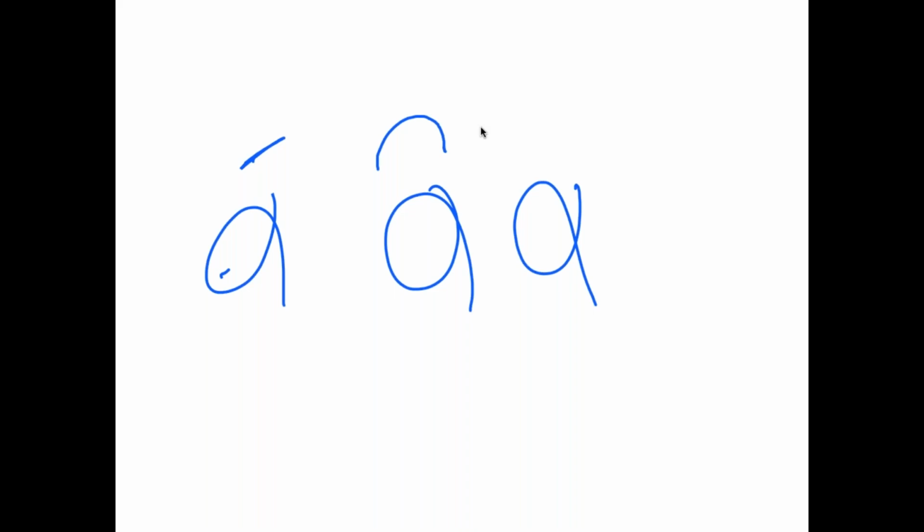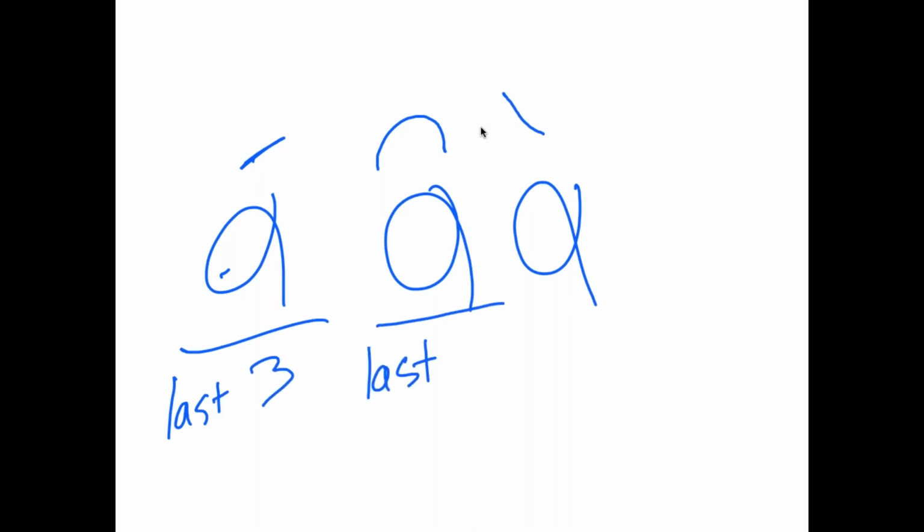So like you saw in that one, it's over the second letter of that diphthong. And the last one is called a grave. A grave is facing the other way from the acute. So the acute, last 3. Circumflex, last 2.